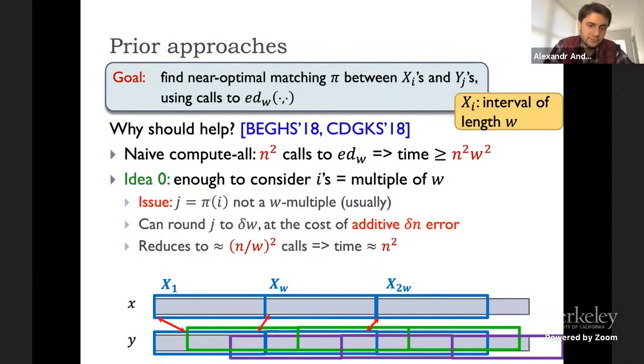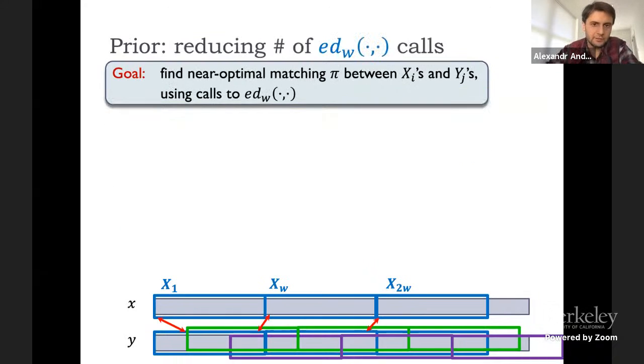So if you don't have anything better for shorter substrings, and it still takes W squared time, then the time still remains N squared. So we still haven't made any progress. At least it's not much worse, but we didn't make any progress. This is why I call this idea 0.